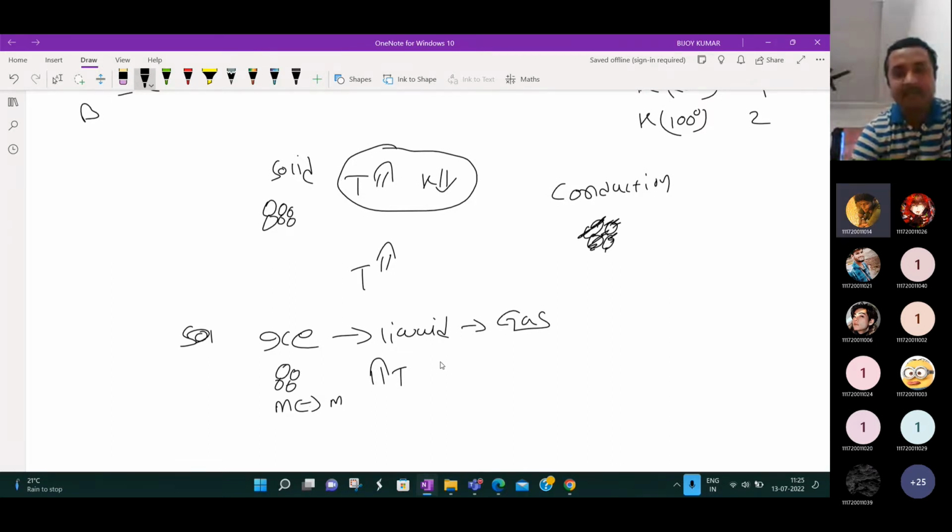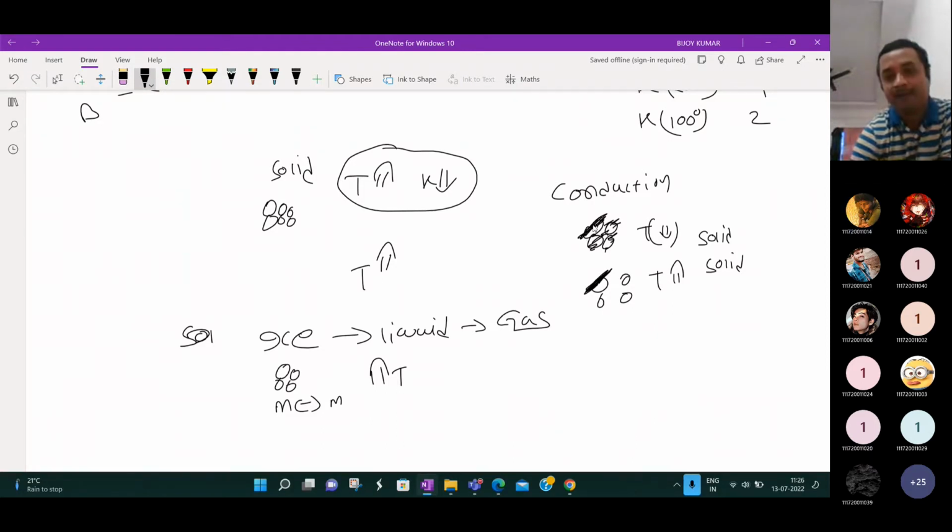Suppose a solid at low temperature and a solid at high temperature. In which case will the distance be more? At high temperature the distance will be more. Now see, the same vibration is there.